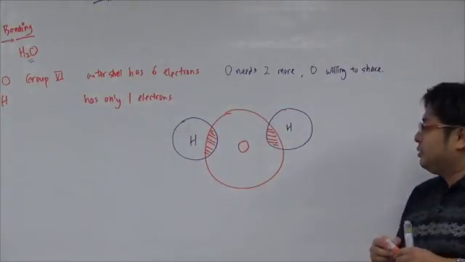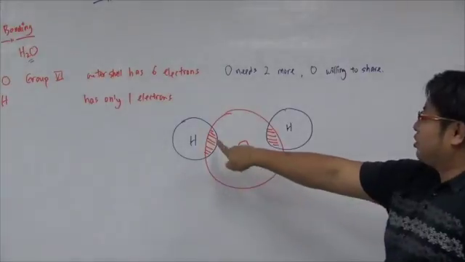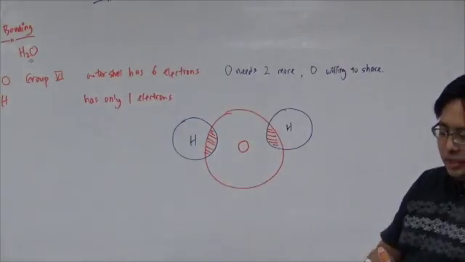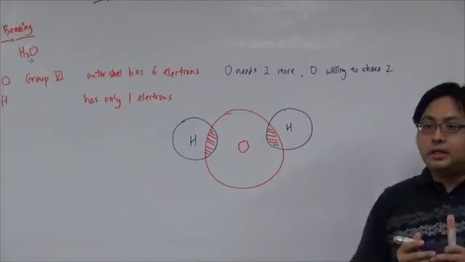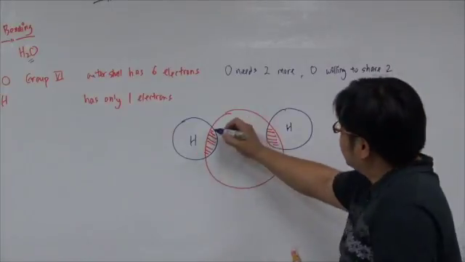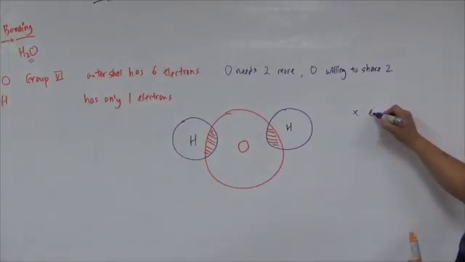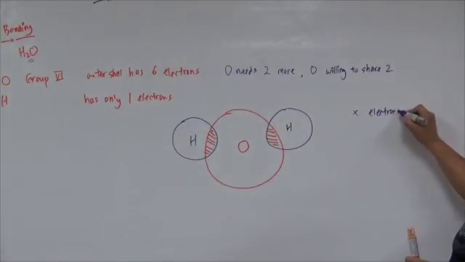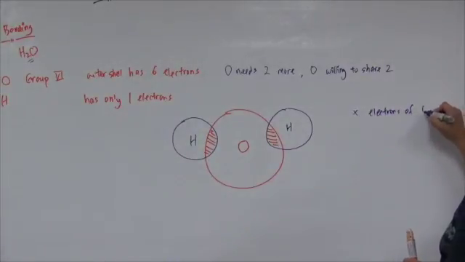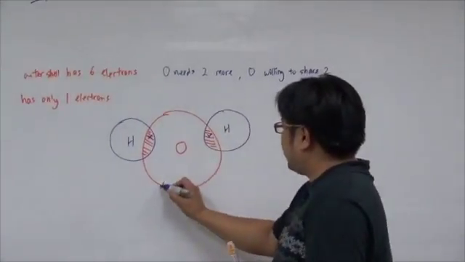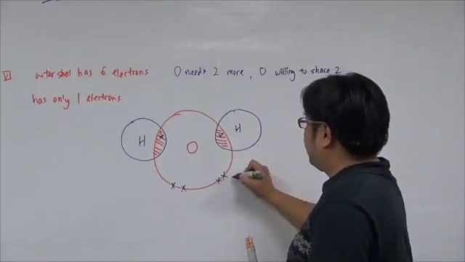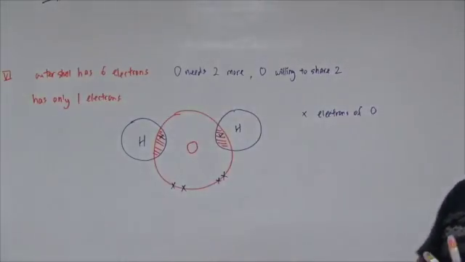So how many electrons contributed by the oxygen can you see in each sharing zone? 1, yeah, 1 each, correct. So let's say that the cross means the electrons of oxygen, so you'll see 1 each in the sharing zone. The other 4 will be outside, not in the sharing zone.